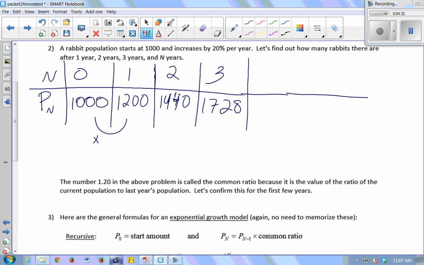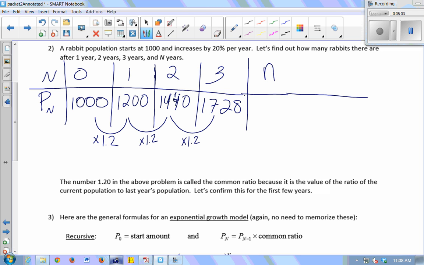If you multiply by 1.2, 1,000 times 1.2 gives you 1,200. Same thing here, 1,200 times 1.2 is 1,440. Keep 100% of what you have plus another 20%. So the 1 represents the 100%, 0.2 represents the additional 20%. And 1,440 times 1.2 is 1,728.